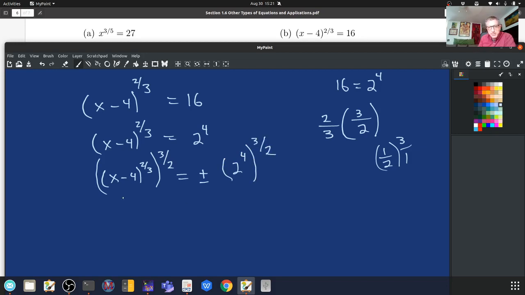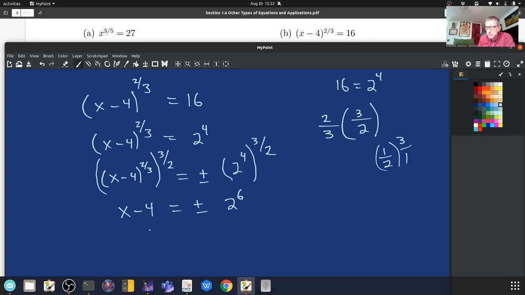So the 2/3 times 3/2 cancel, and that gives me x minus 4. That's going to be equal to plus or minus 2 to the power 4 times 3 over 2, that is, 4 times 3 is 12, 12 divided by 2 is 6.